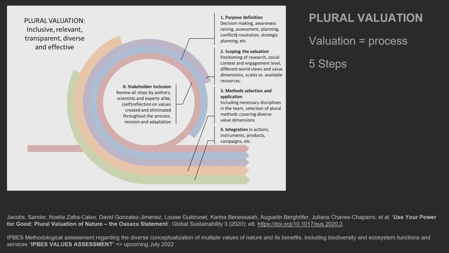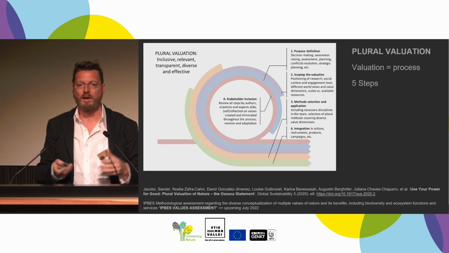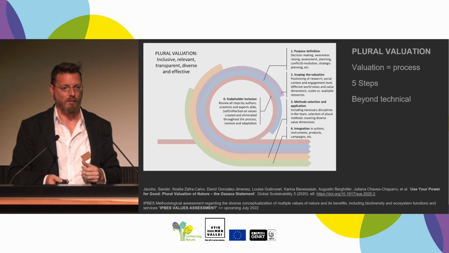And then only the orange step is choosing methods and applying them, which was regarded as this is the valuation, but the valuation is embedded in this whole cycle, including how the results are integrated and communicated in a safe way, including how they should not be used in the decisions that they aim to inform.